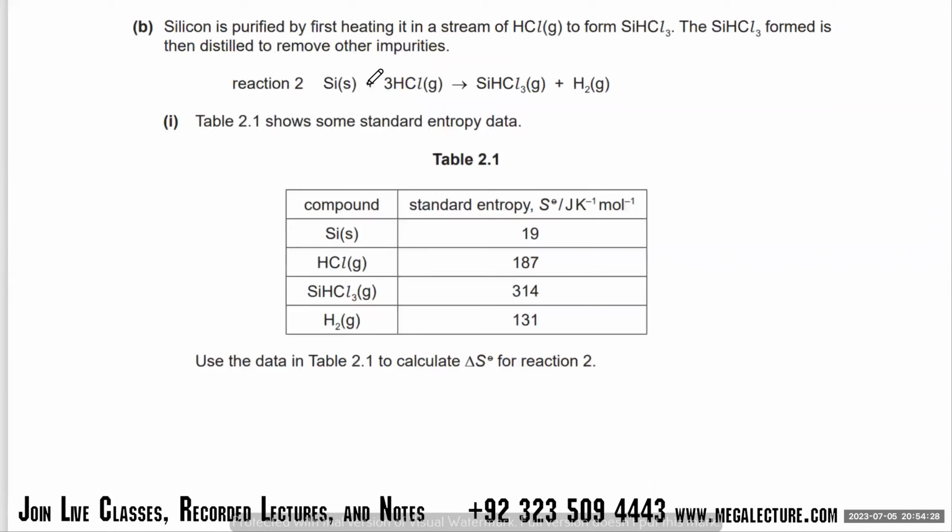So for example, you've got this equation, and it's asking you to calculate delta S for this reaction. What's the formula? It's the entropies of the products minus the entropies of the reactants. Somebody try and do this on your calculator. What are your products? It's SiHCl3, which is this one, so it's 314, and H2, which is 131.